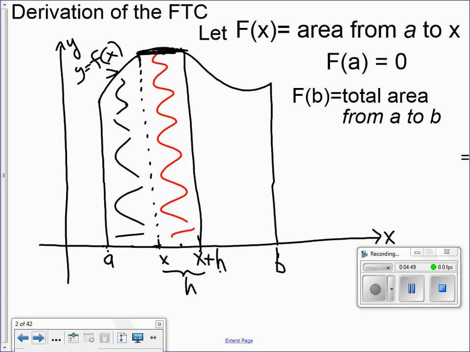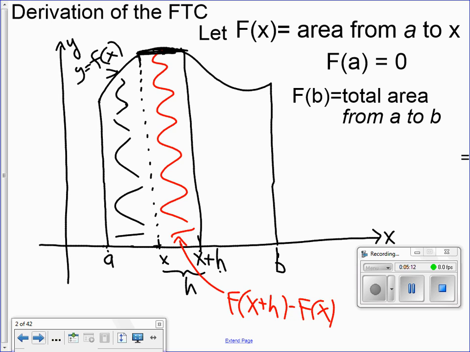Area from a to x, right? So if I wanted the area just of this piece here, I could take F of x plus h, but that gives you too much area, and then subtract F of x. And that would give me the area of this band underneath this curve.